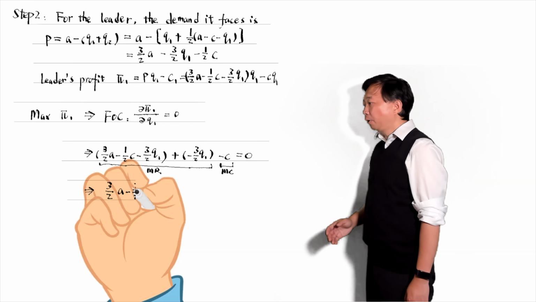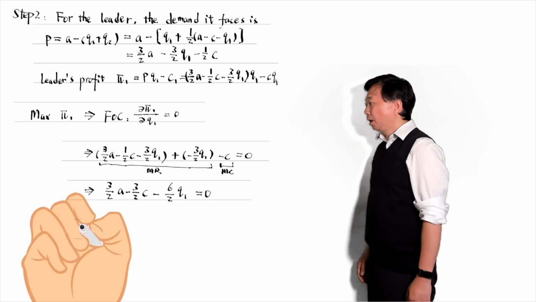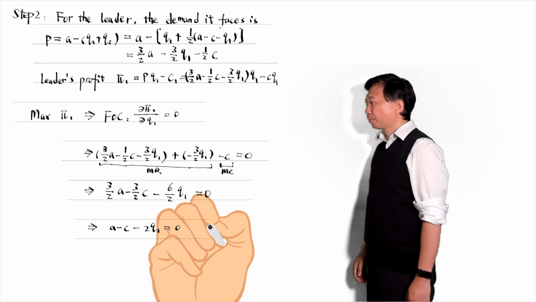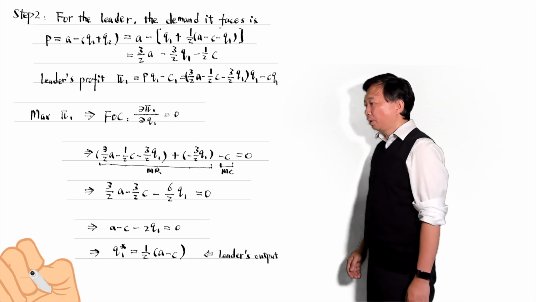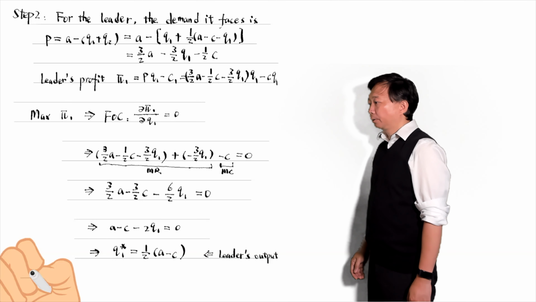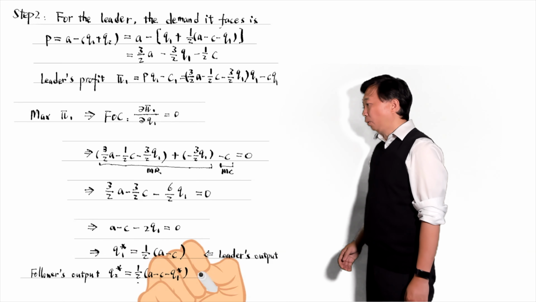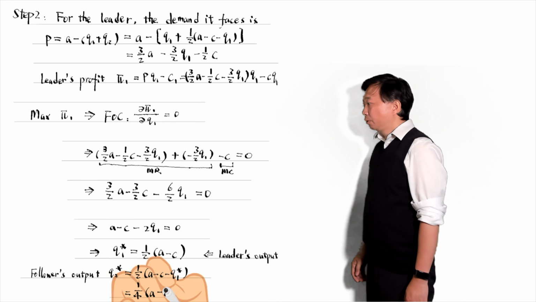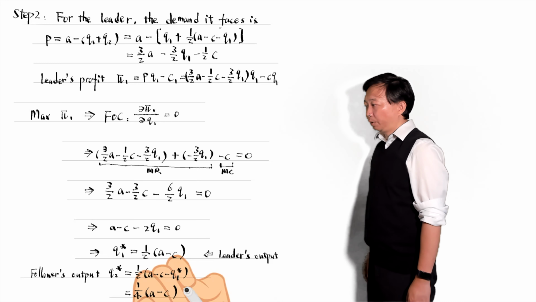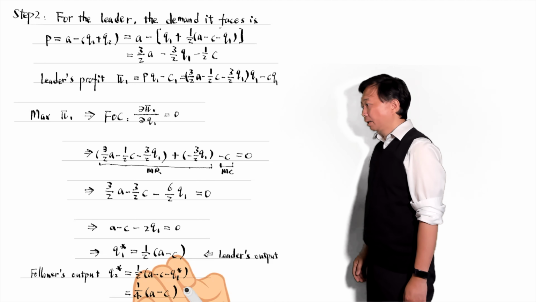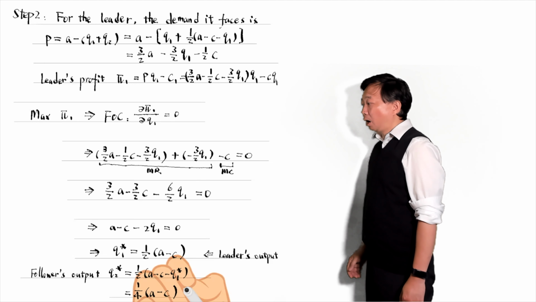We can solve for the equilibrium quantity of the leader's output. It is equal to 1/2 times (A minus C). From the follower's best response function, we obtain the follower's profit maximizing output level, which is 1/4 times (A minus C). The leader's output is twice the follower's output.